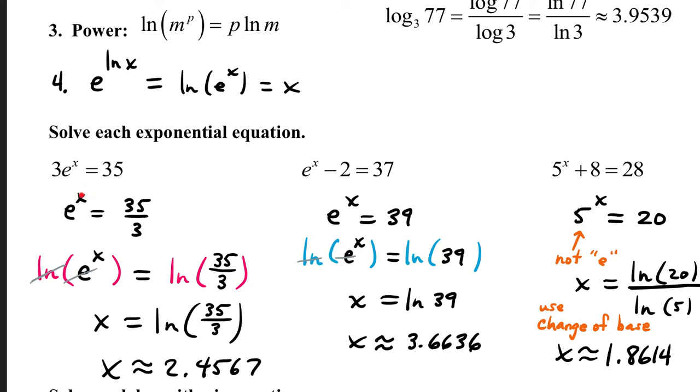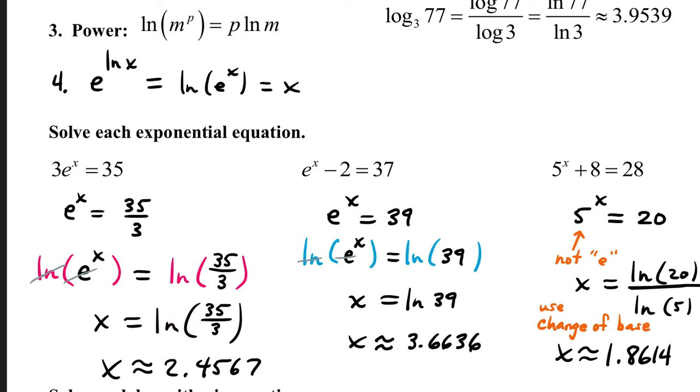To solve for x, we need to eliminate this base e. Natural log, back up here at property 4: if we take the natural log of both sides of the equation, natural log and e will cancel each other out to get x. x equals natural log of 35 over 3, this is your exact answer. WebAssign may want you to approximate.